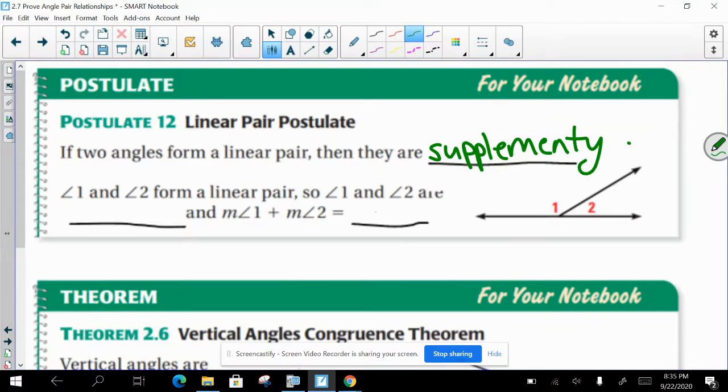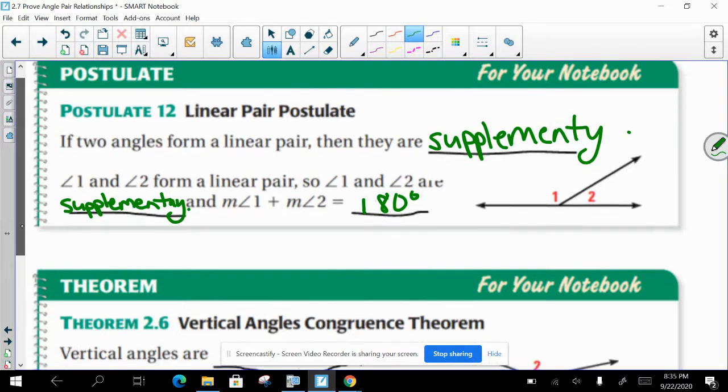So first we would have to know that they're a linear pair, as long as they're adjacent. So angle 1 and 2 form a linear pair, so angle 1 and 2 are supplementary, and the measures of angle 1 and 2 add up to 180 degrees. So that's the linear pair postulate.